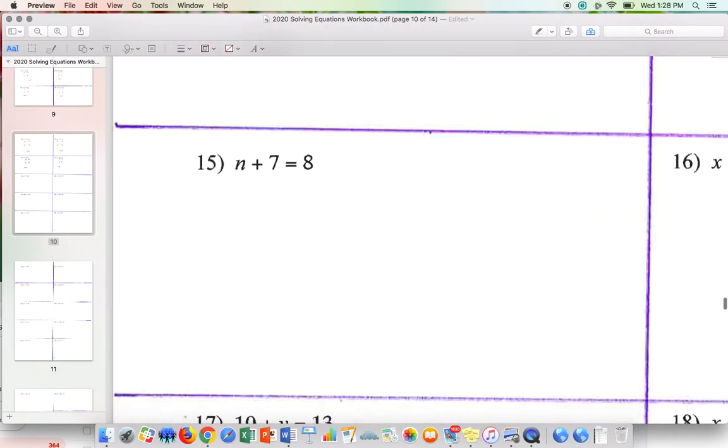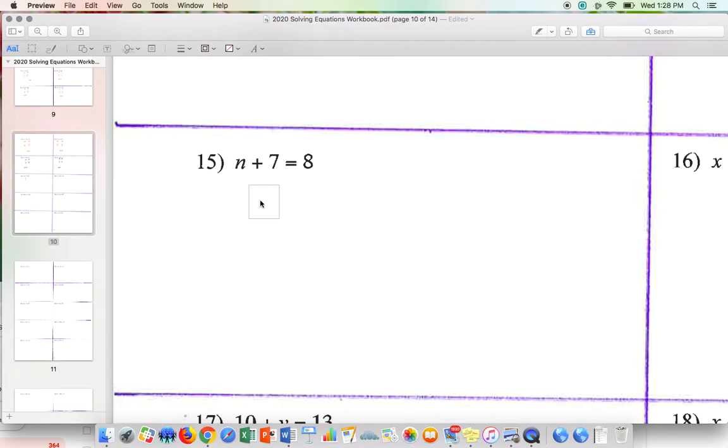Okay, let's go on to number 15. The first thing we need to ask ourselves is, what's the variable? Come on, guys, what's the variable? It's n. Good. So n is our variable. And what operation are we doing here?